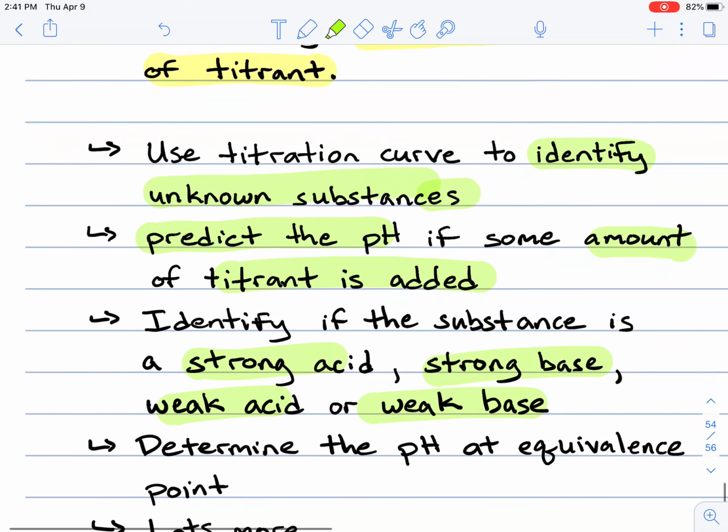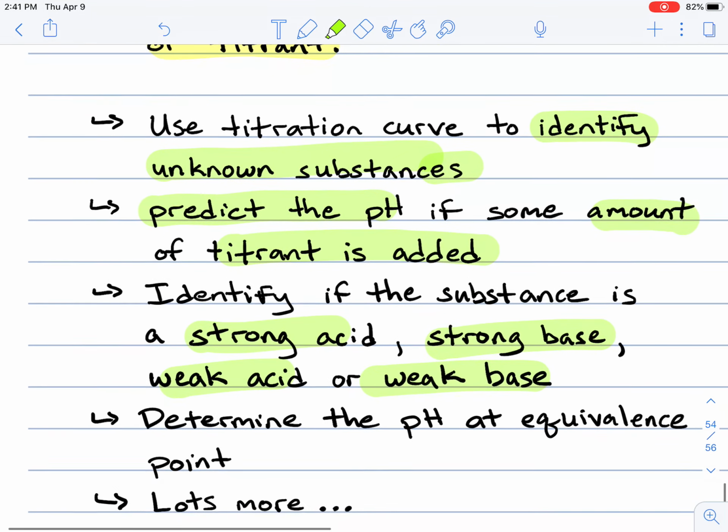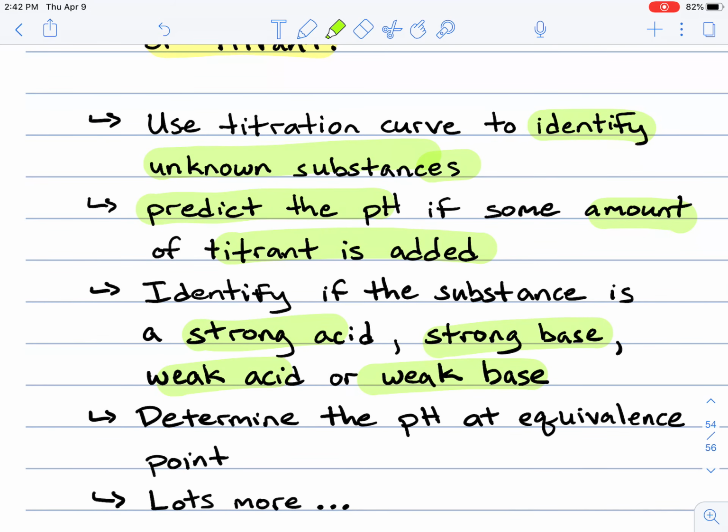We can also determine the pH at the equivalence point. If you recall from first semester general chemistry, you were adding drop by drop by drop, trying to make sure that you don't go over the end point or the equivalence point. What's really cool is that with the titration curve, you can automatically determine how much volume you need to add before you hit the equivalence point.